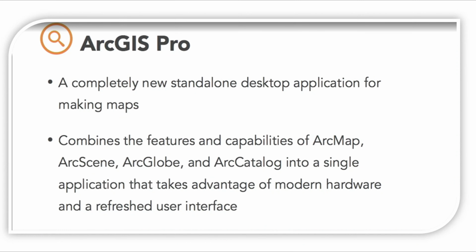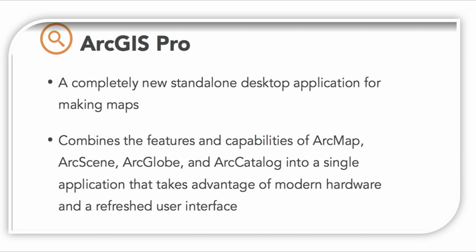ArcGIS Pro is a completely new standalone desktop application that builds upon and combines the capabilities found in ArcMap, ArcScene, ArcGlobe, and ArcCatalog into a program that provides tools to visualize, analyze, compile, and share your maps in 2D and 3D environments.